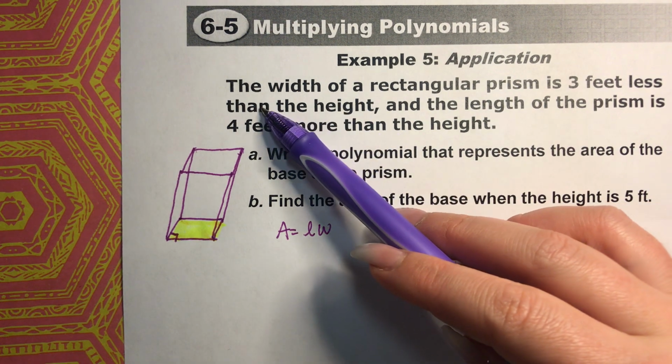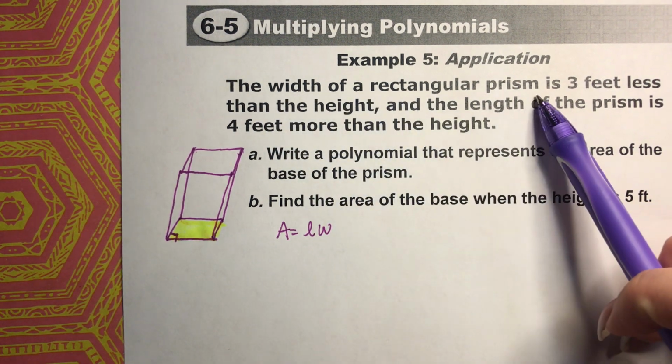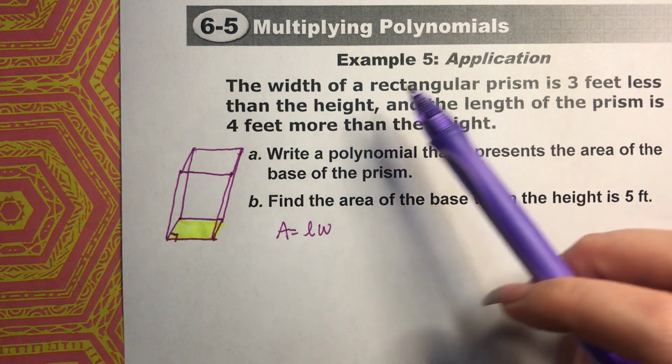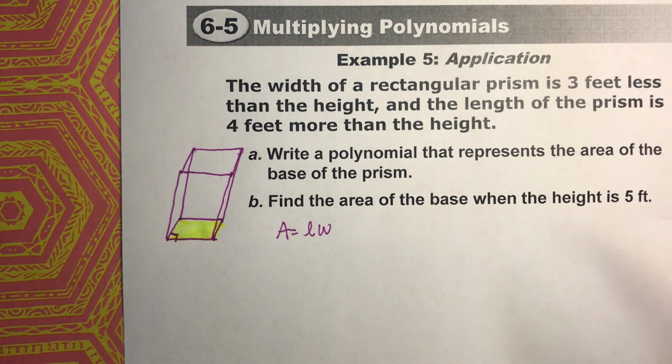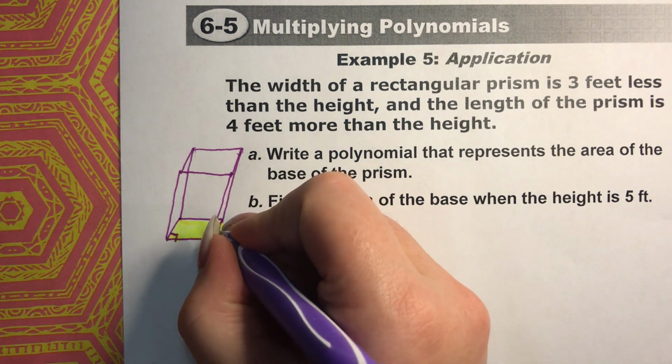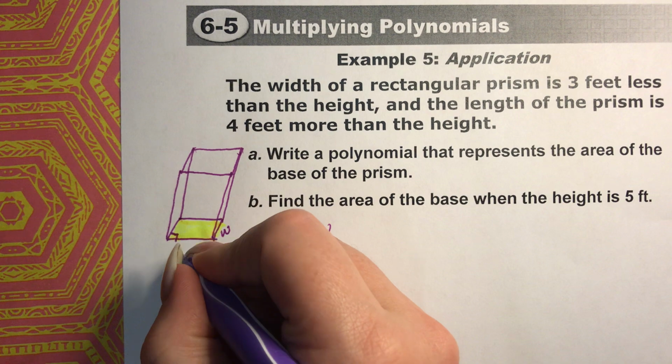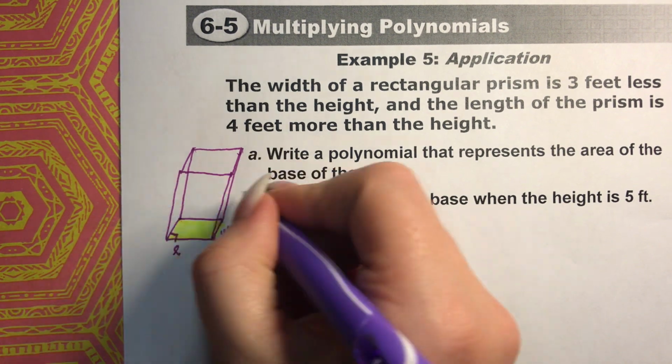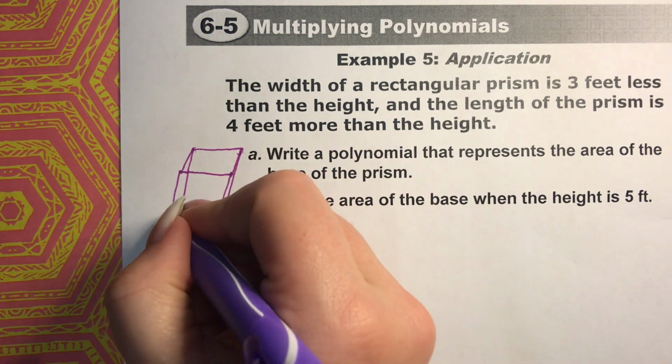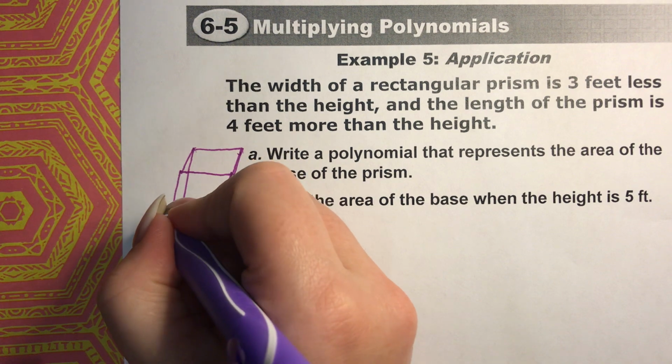So what this says is the width of a rectangular prism is 3 feet less than the height. Okay, so this is the width, this is the length, and this is the height. I'm going to write the height here.